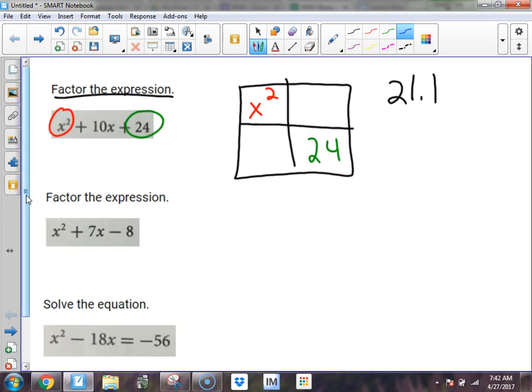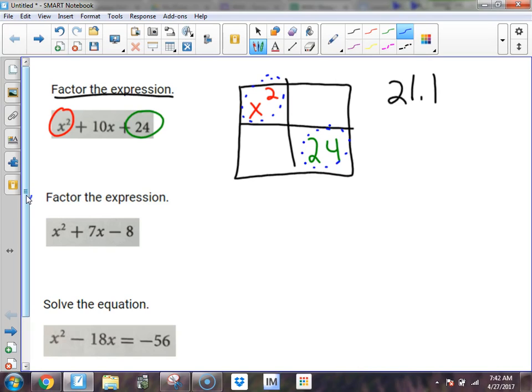Then this is what we do. We're going to multiply the x squared and the 24 here. X squared times 24 equals 24x squared. Nothing complicated about that. We're just putting them together, right?